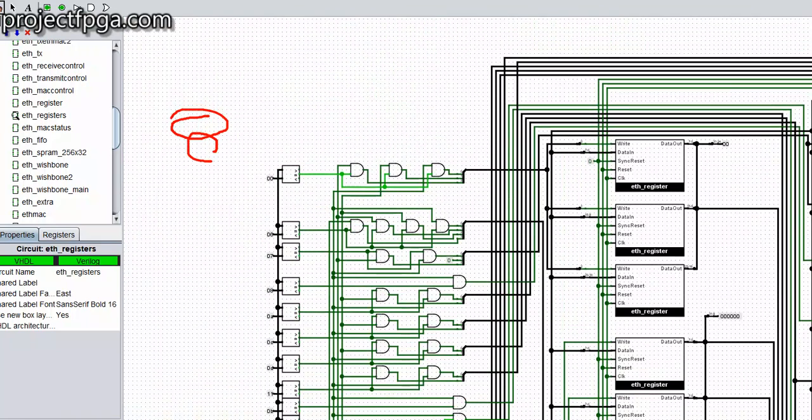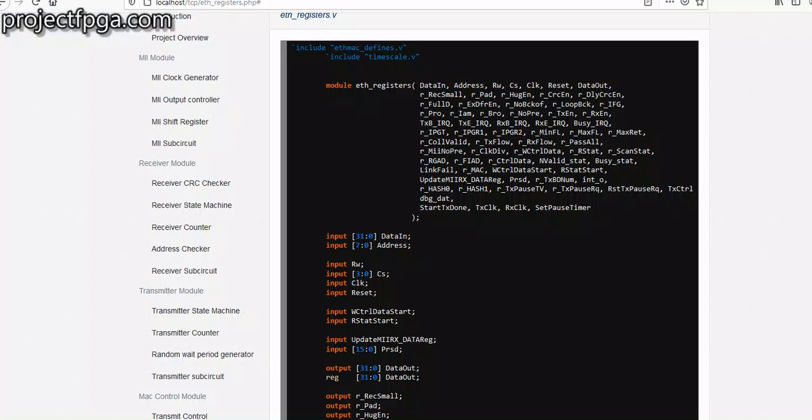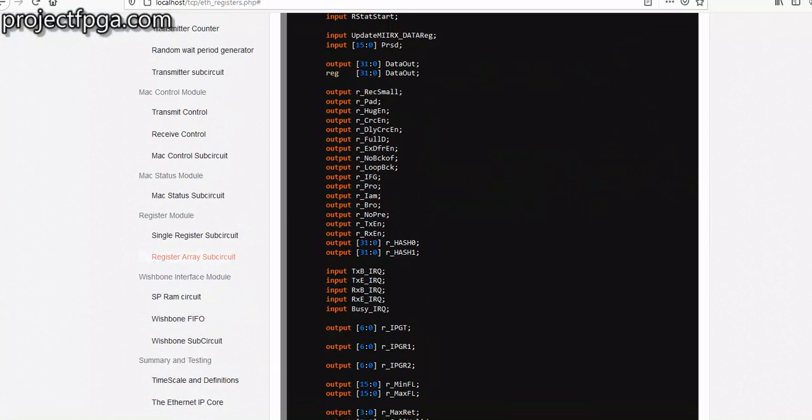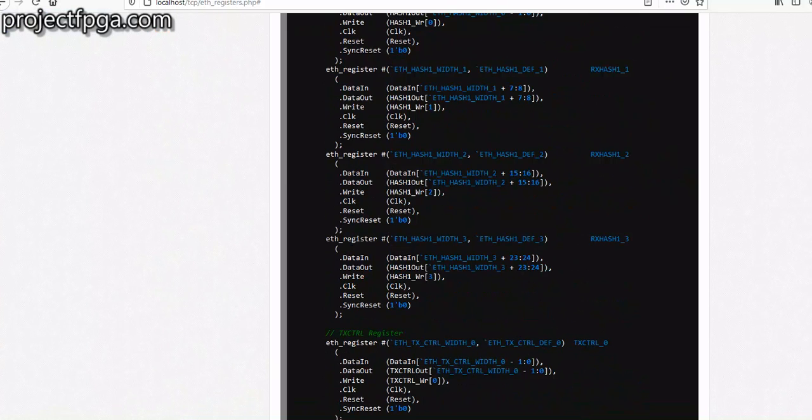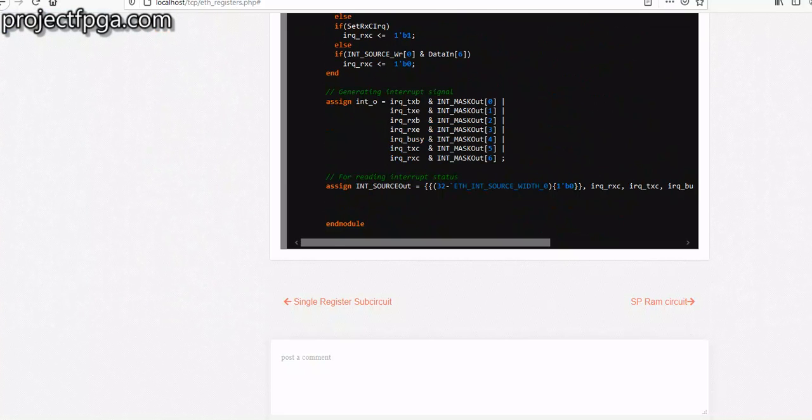When you go through the code with the bit of explanation which I've given, you'll be able to understand this register model fully well. So this is the code: projectfpga.com/tcp, select the register array subcircuit, and you see everything I've just done.